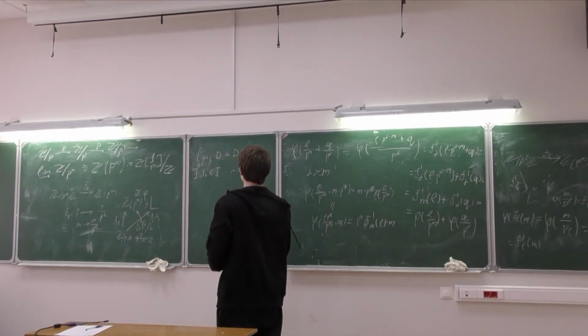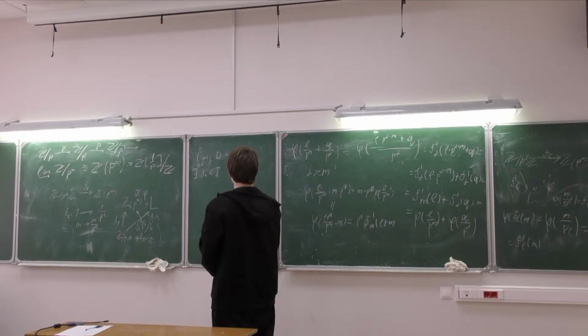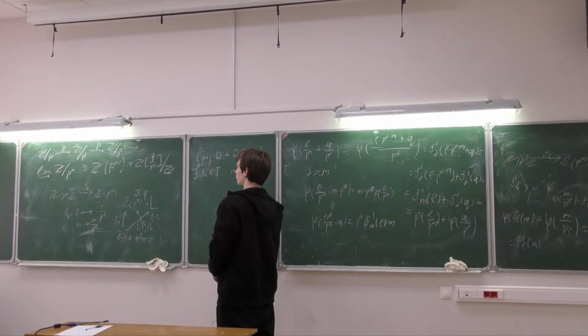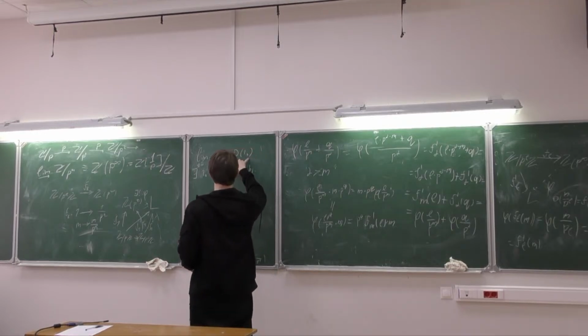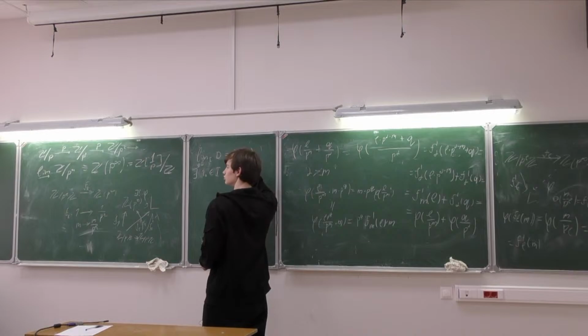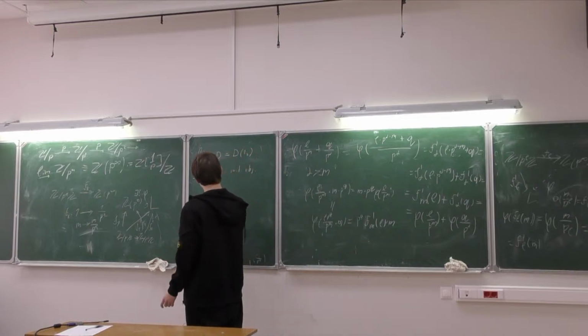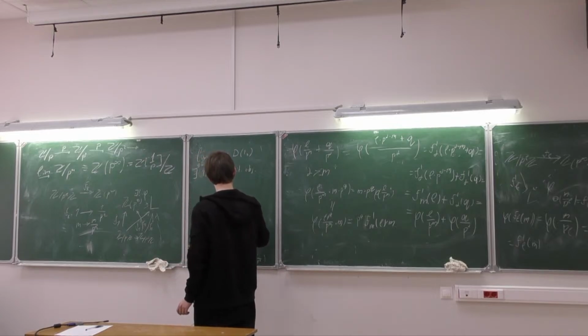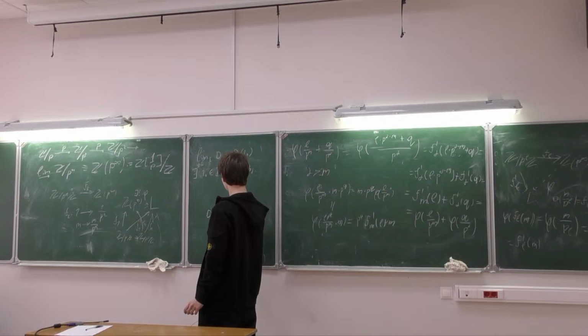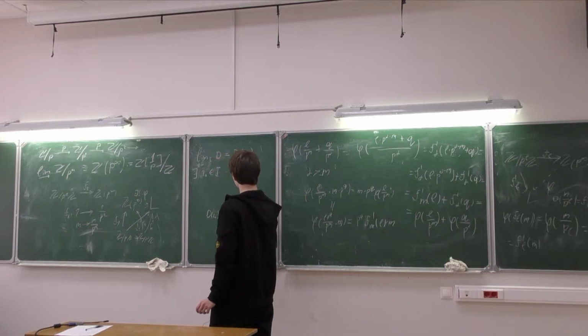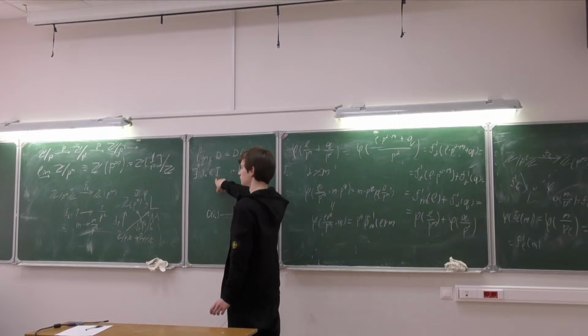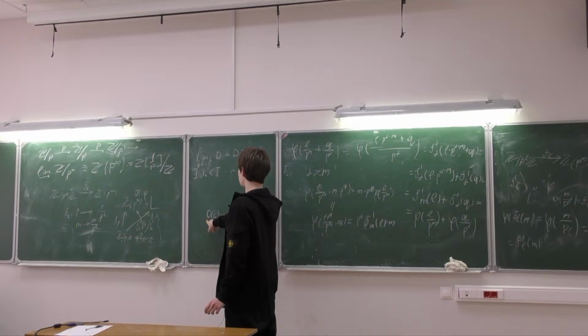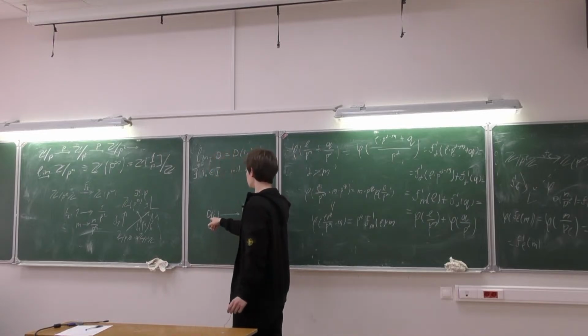Okay, so I0 is the initial object, so we have one morphism from I0 to any I. We have only one morphism in the image of I, and the identity morphism from I0 to I0.